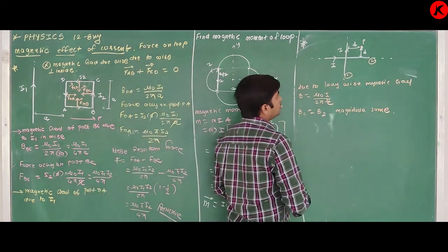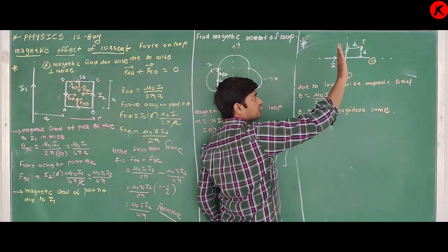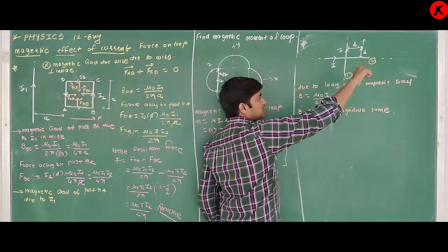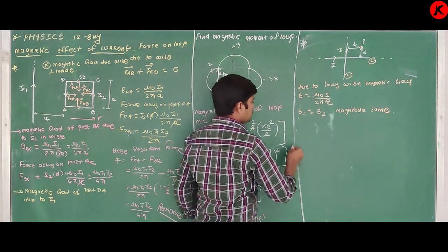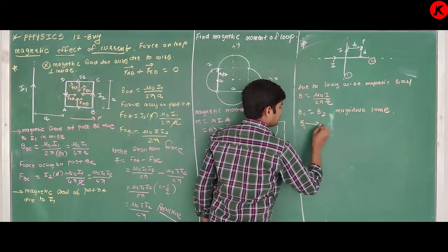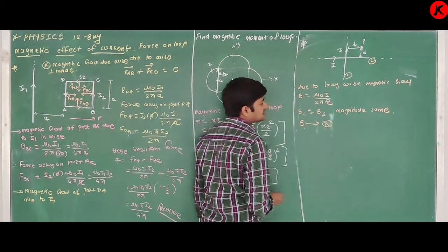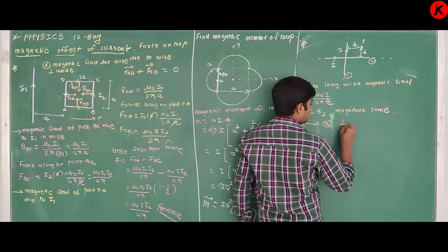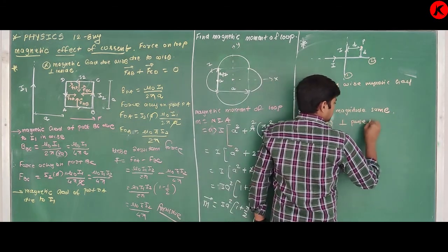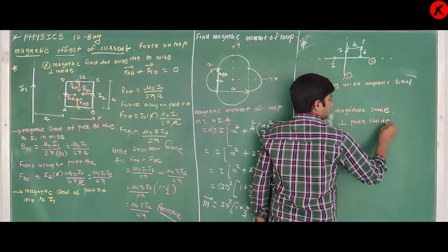Now what about direction? See, due to the first wire, current is going in this direction, the point is in this direction, so thumb inside means B1 is perpendicular to the page, inside.